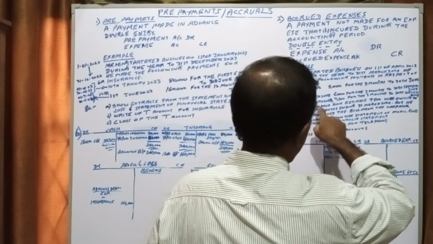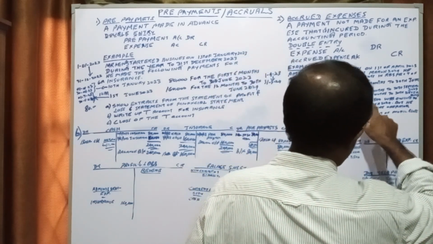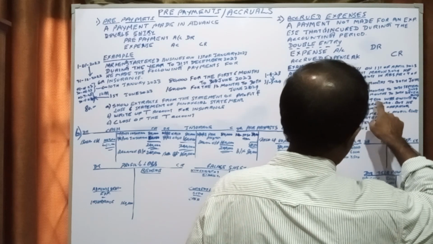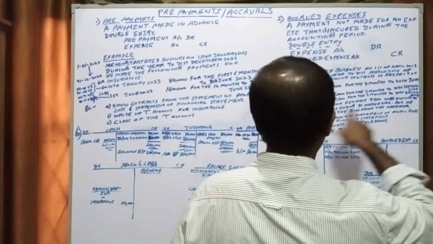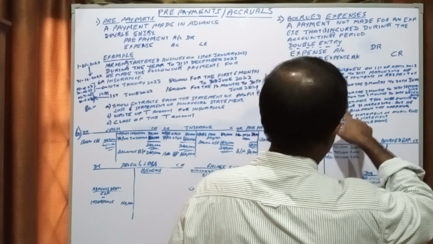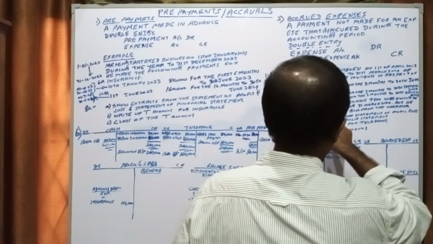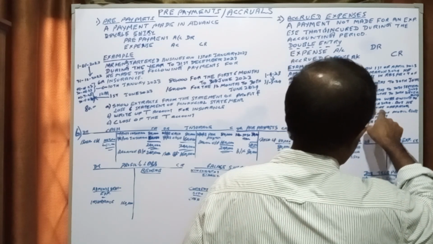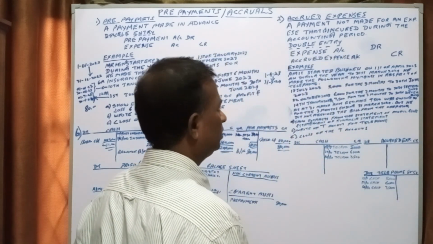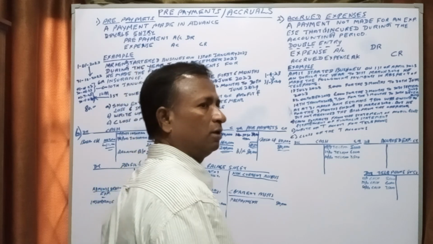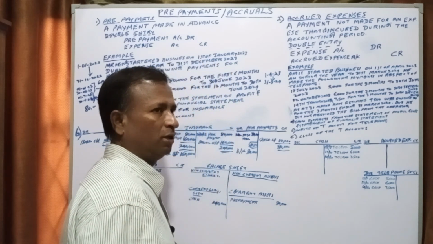As at 31st March, Amit estimates 9,500 was owing for the 3 months ending 31st March 2024, but he did not receive the bill from the operator. Okay, he didn't receive any bill.